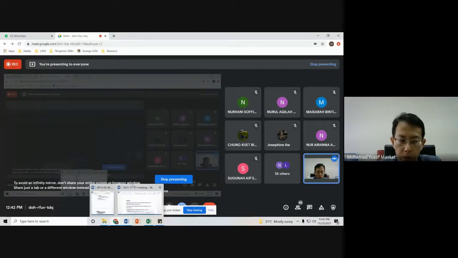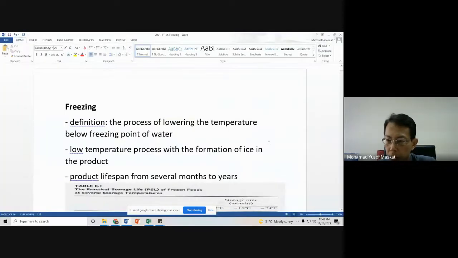Okay, so let's continue for about 15 minutes. As you already know by now, apart from chilling, how do we preserve foods using low temperature? Another method is freezing. So what is the difference?